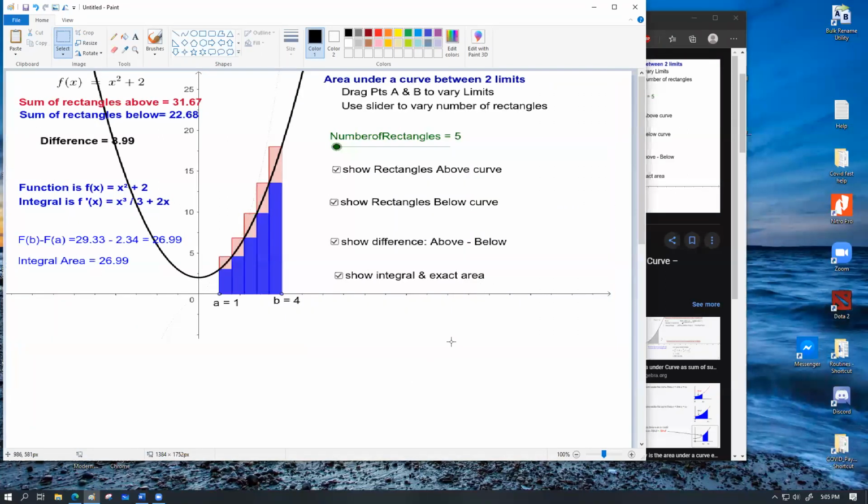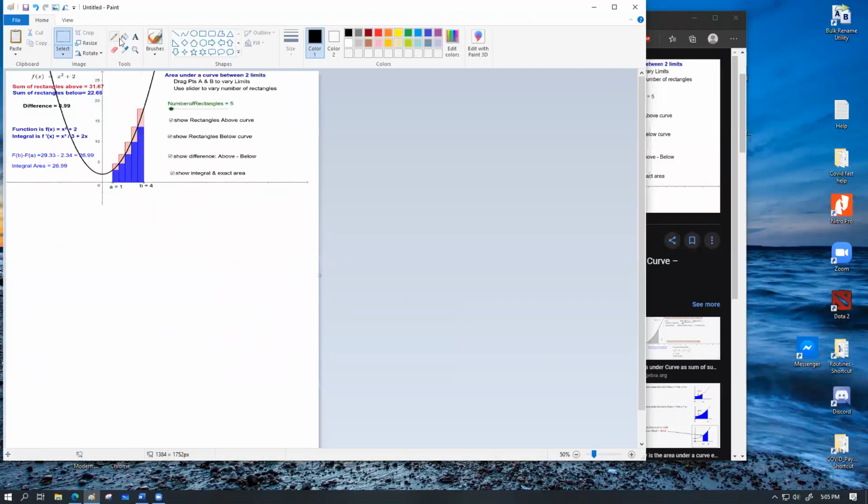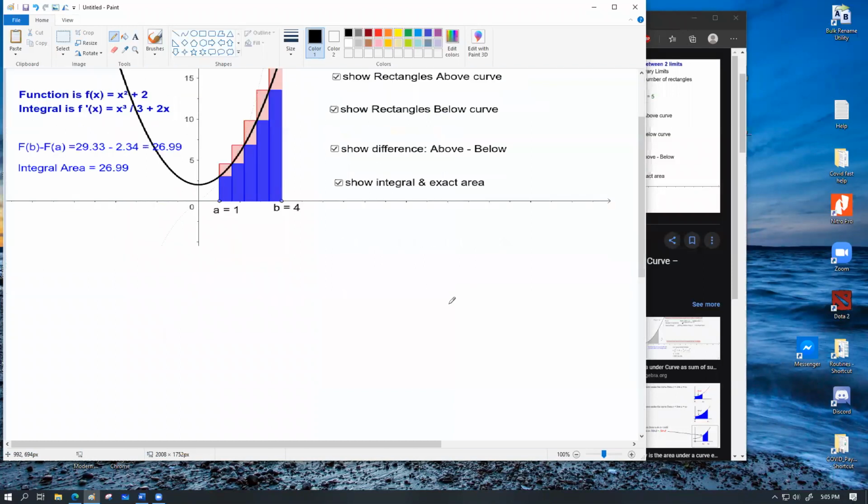One of the things that I would like you kids to appreciate is that whenever we have a perfect geometric figure, for example, a straight line, finding the area under it is quite simple and easy to achieve.